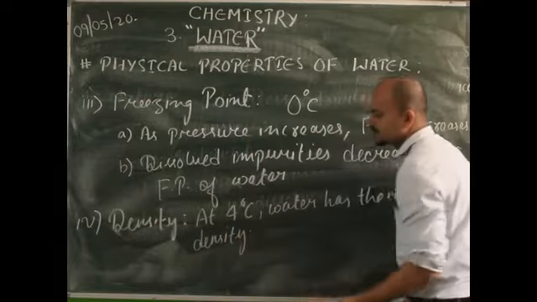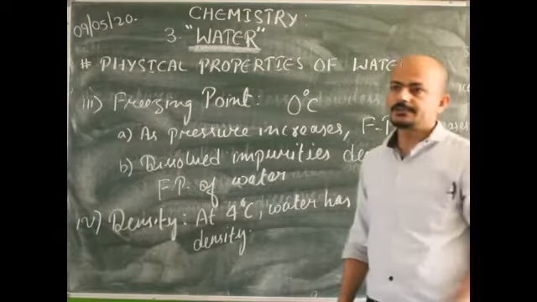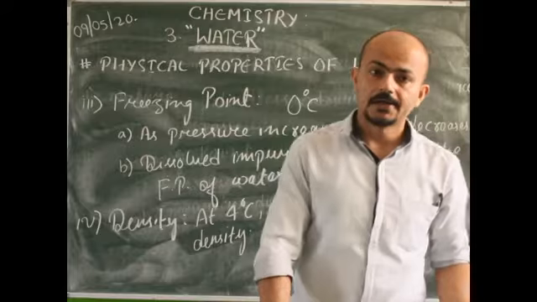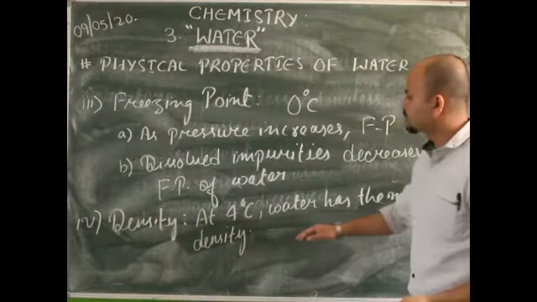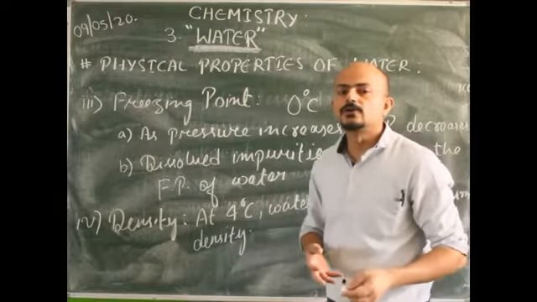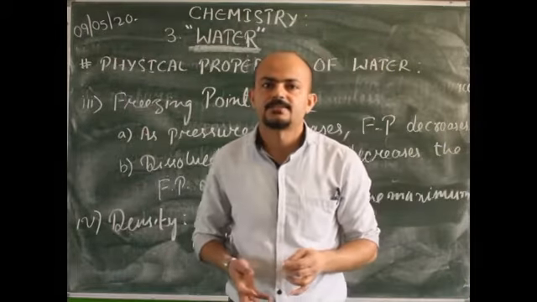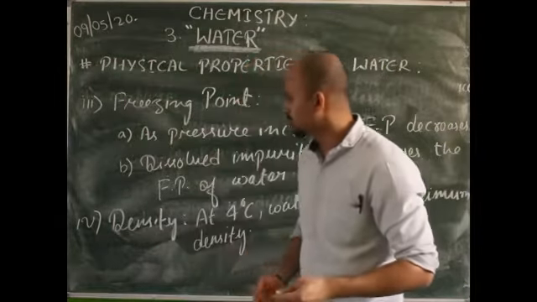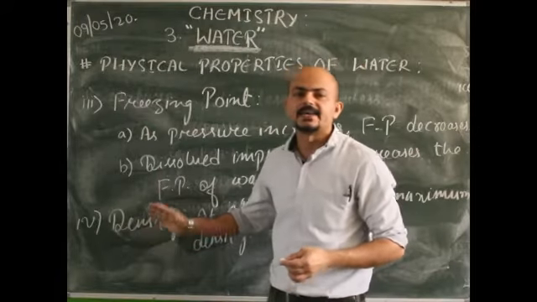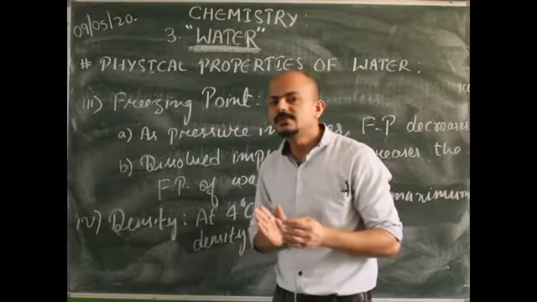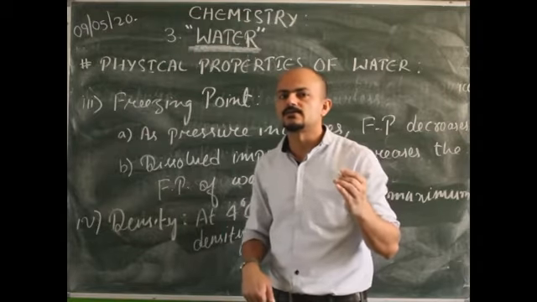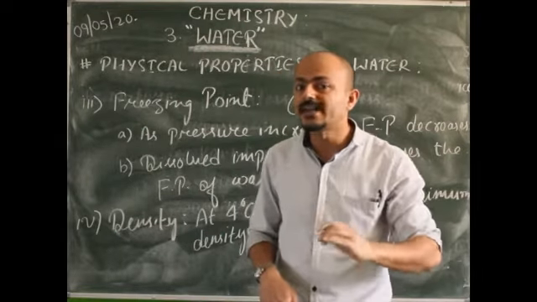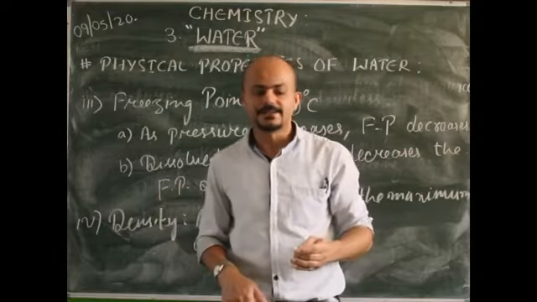Remember this one? And if density is maximum at 4 degrees centigrade, then its volume would be least, because density and volume are inversely proportional to each other. If one increases, the other one decreases.